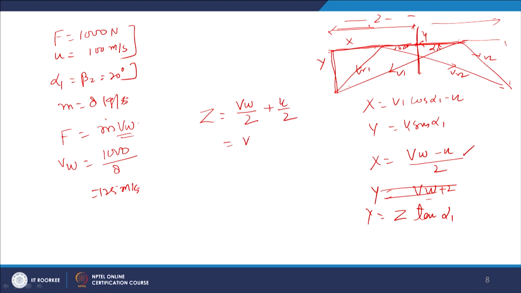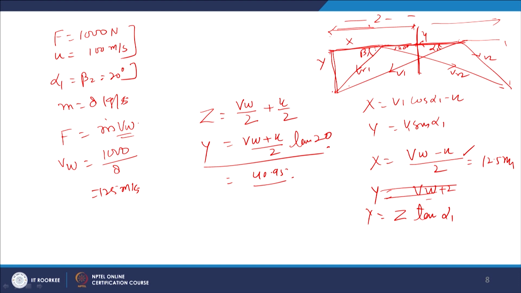So z is equal to VW plus u by 2, and y is going to be 1020. Now from here we will get the value of x. Here we are getting x as 12.5 meters per second and y as 40.95, right.